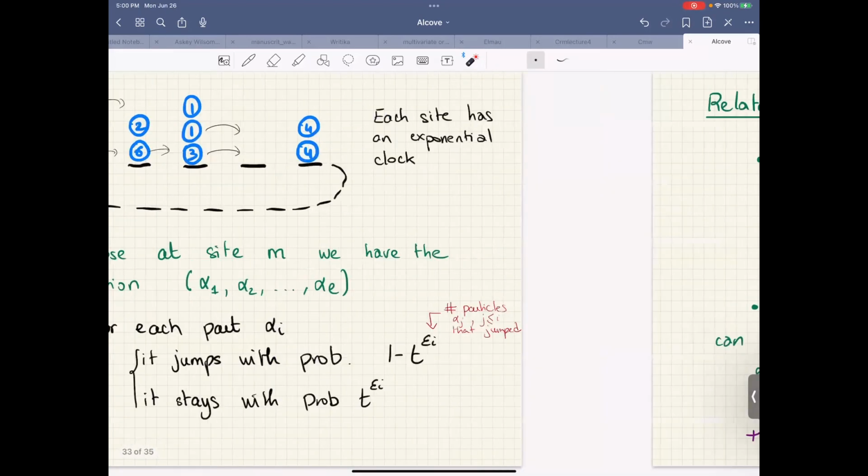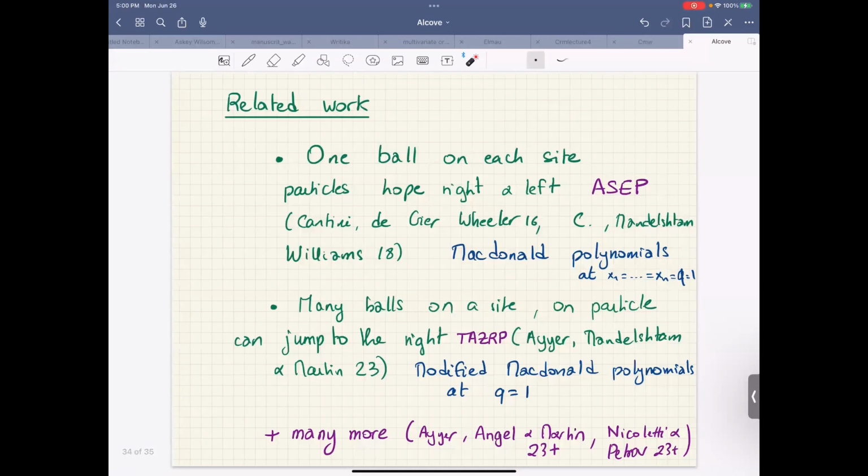So again, it's not new that we find relations between these particle models and the world of Macdonald polynomials. For the classical Macdonald polynomials, that's the work on the asymmetric exclusion process. For some modified Macdonald polynomial models, you can find a tether, and this will be presented to you in Davis this summer.